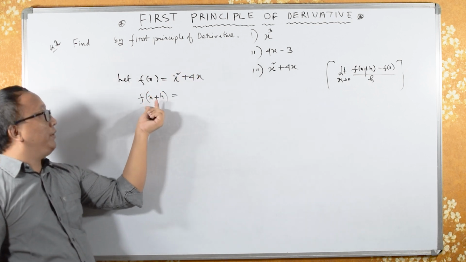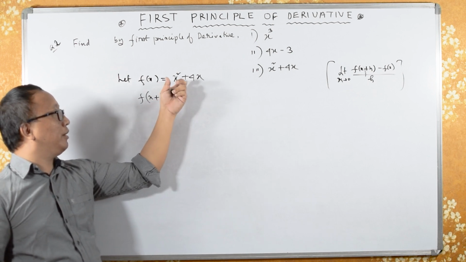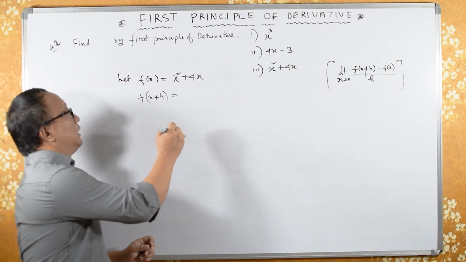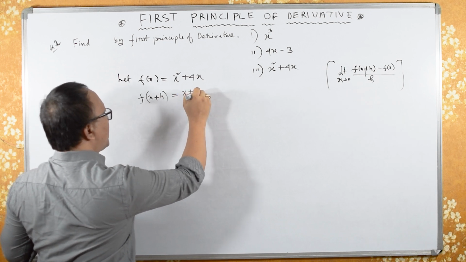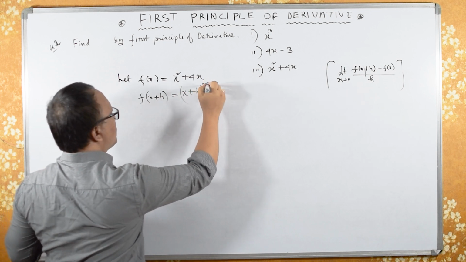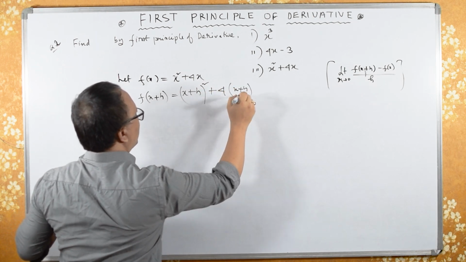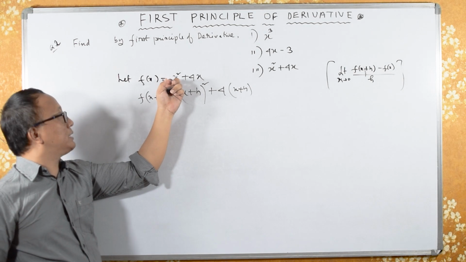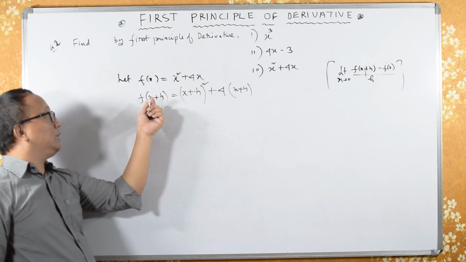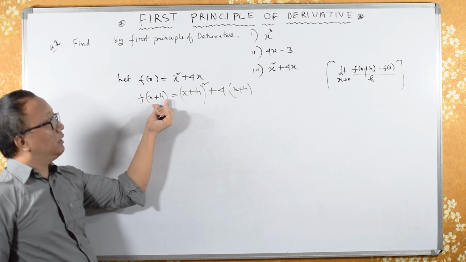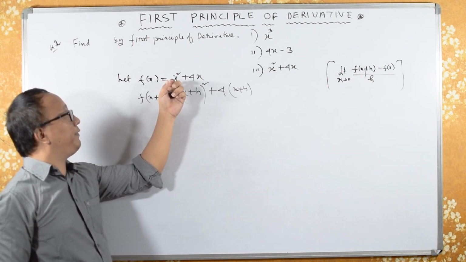Now in order to find f(x plus h), what do we have to do? Instead of x, you have to write x plus h. So here, I have to write (x plus h) the whole square plus 4(x plus h). Why? Because since f(x) is this, instead of x I'm writing x plus h, in those places who have x.